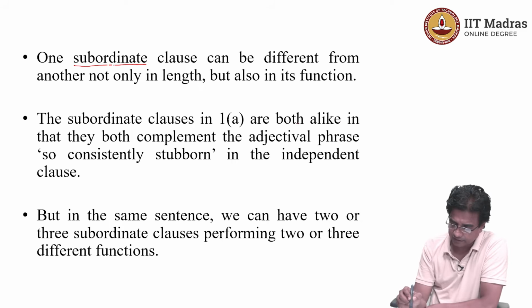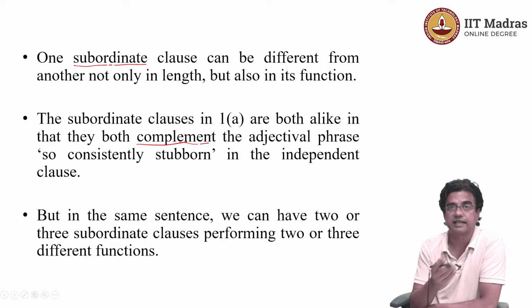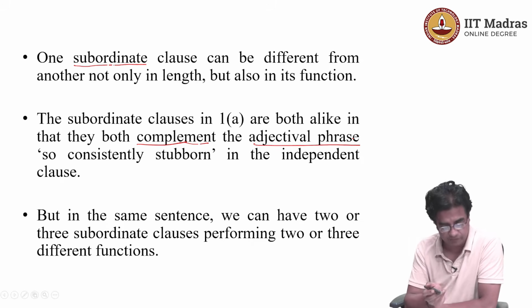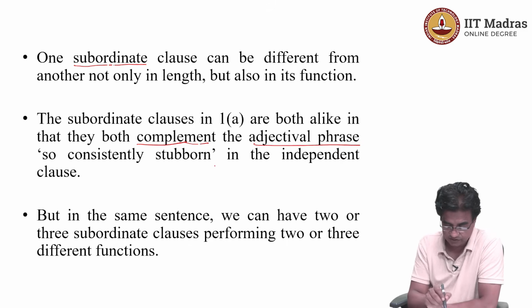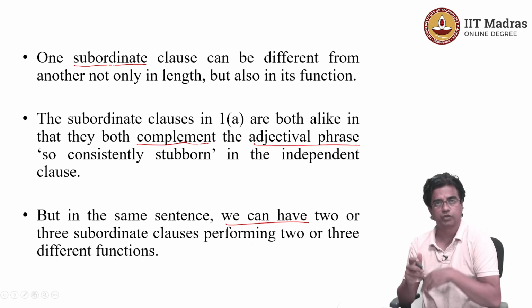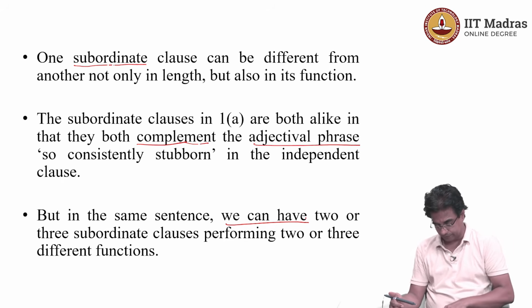It can be both like a complement, that is an object, and adjectival in terms of modification. But in the same sentence, when we have 2 or 3 subordinate clauses performing 2 or 3 different functions, we can have all these possibilities available.